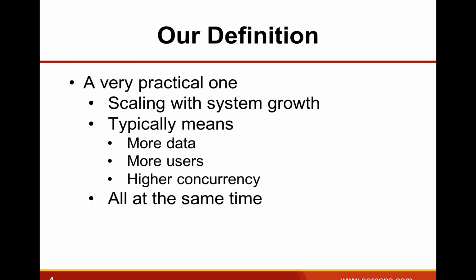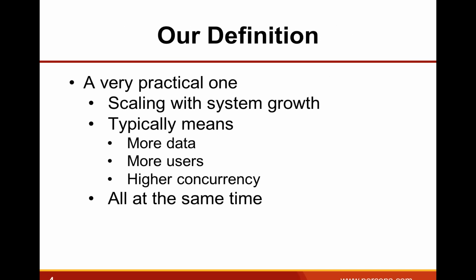Now, for this presentation, we will take a very simple and practical definition of scalability. We will talk about scalability as it often happens for successful systems: scalability with system growth. That typically means scaling with more data, more users, and higher concurrency.